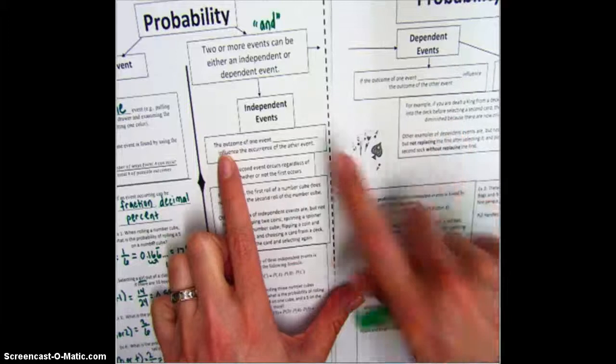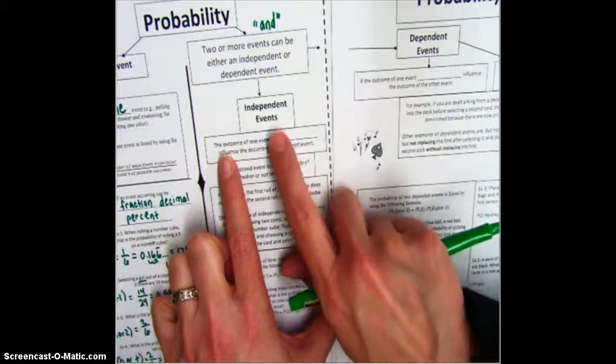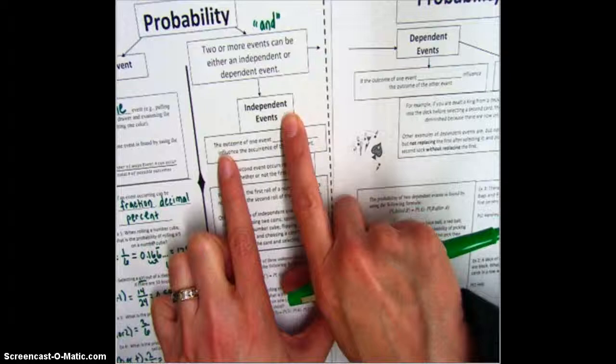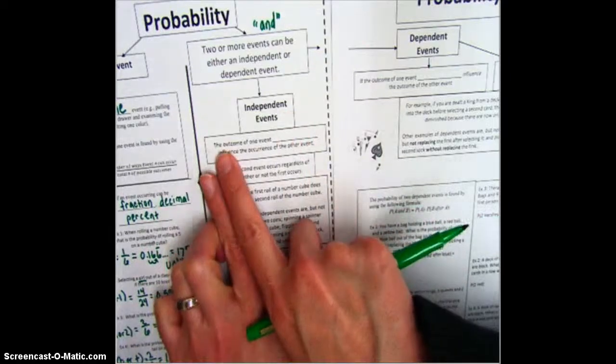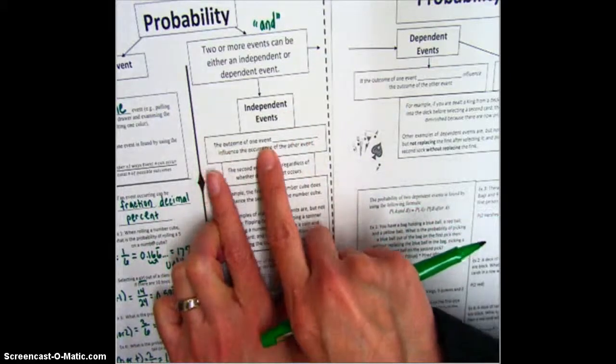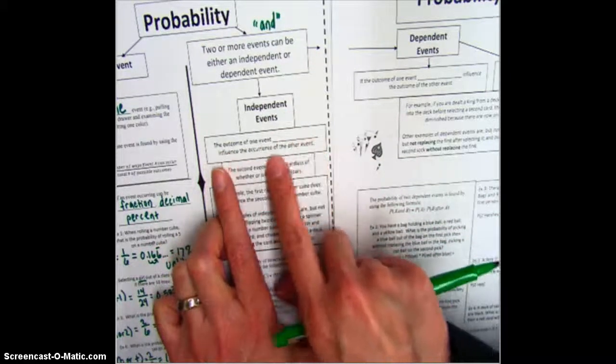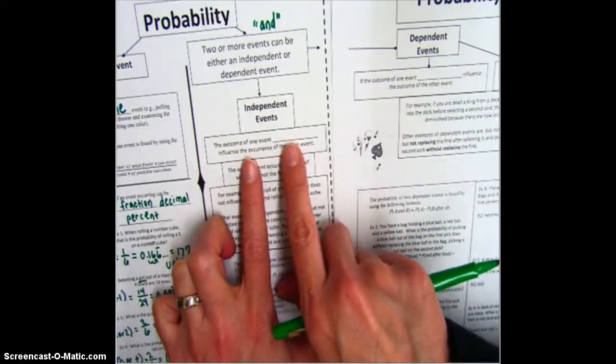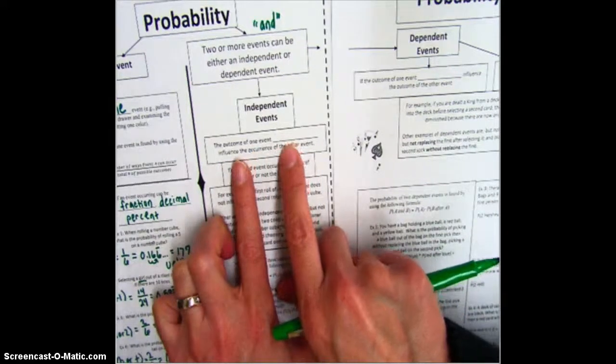So the outcome of an independent event, remember, independent is like if you're out on your own and wherever your parents move, you don't have to move there. It says the outcome of one event blank influence the occurrence of the other event. So does the outcome of one event influence or not influence? Well, this is the one where it does not influence.